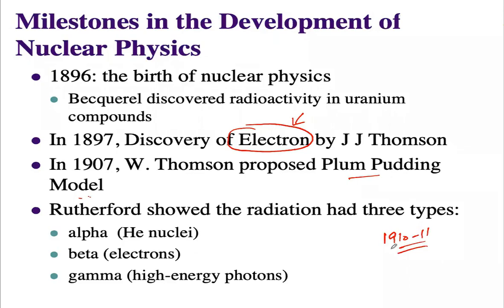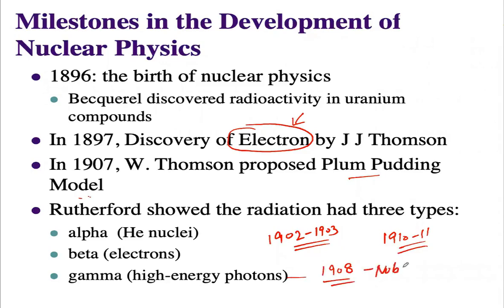Before that, Rutherford had discovered radiations in 1902 and 1903. He had already explained that there are alpha, beta, and gamma radiations coming out, and these radiations have an effect on photographic plates. For this discovery, Rutherford received his Nobel Prize in 1908.